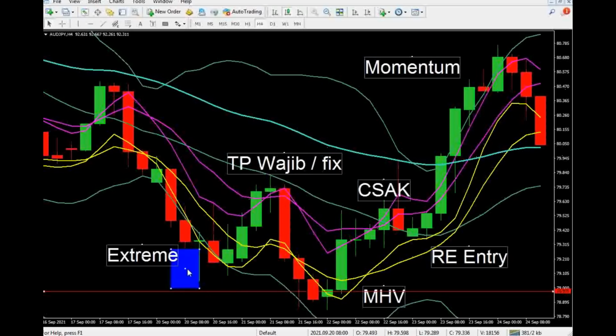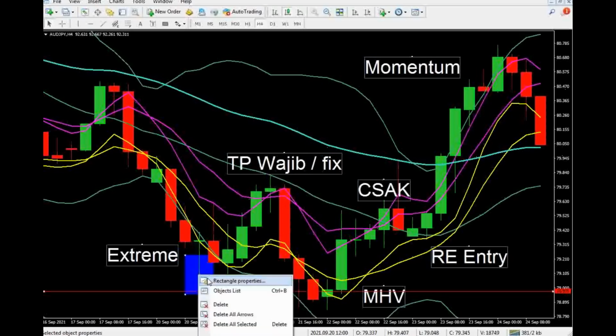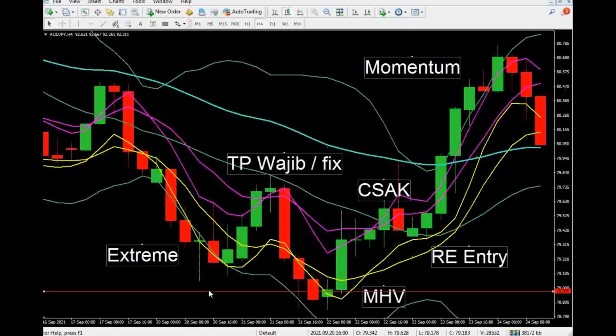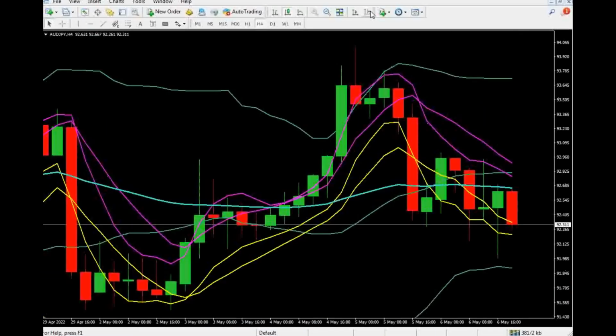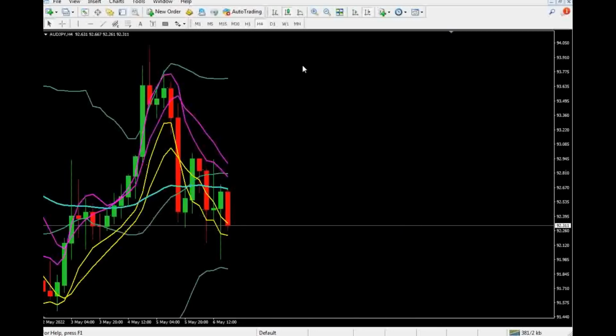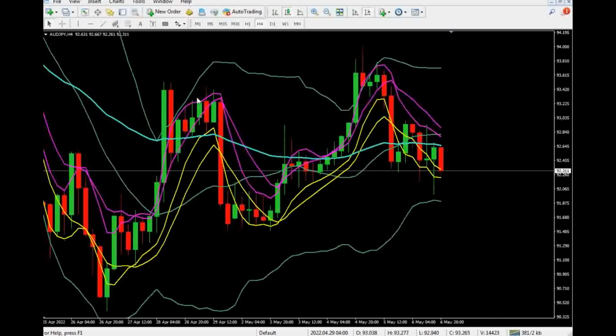Now I will give another example of extreme. Let's use the live chart. Also in this Australia-Japan one hour chart, we also see the extreme structure here.